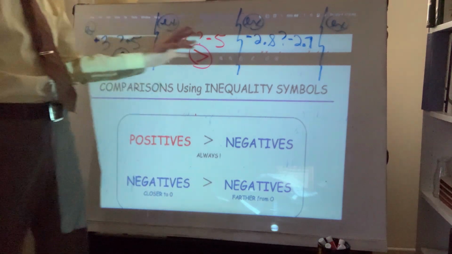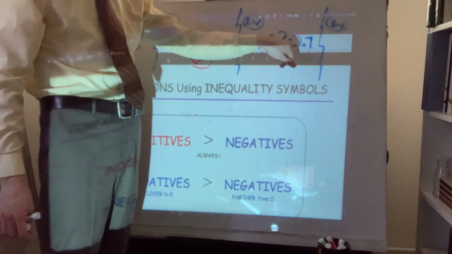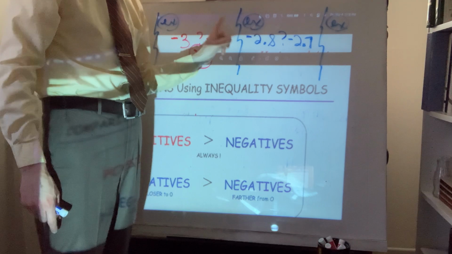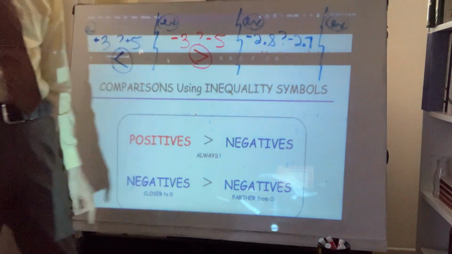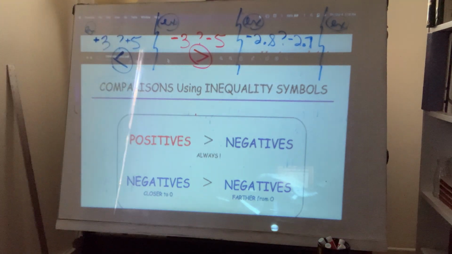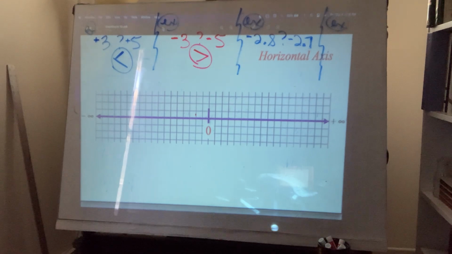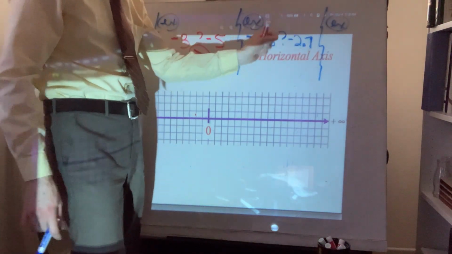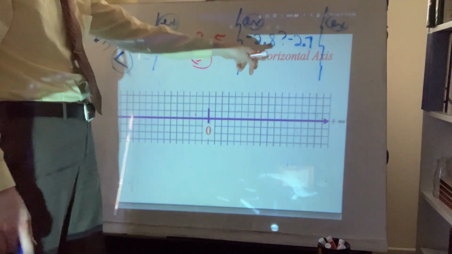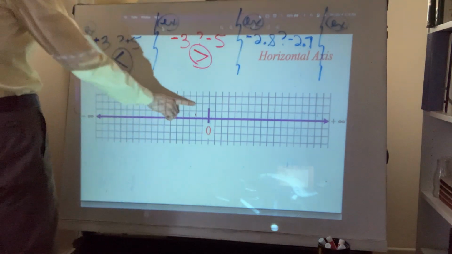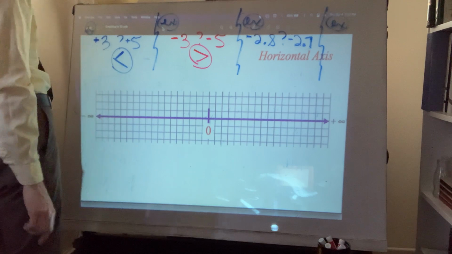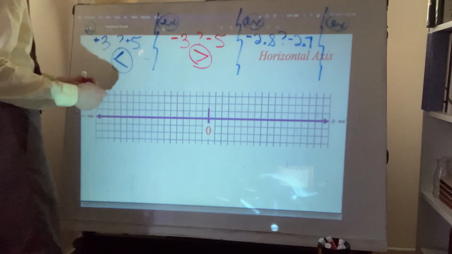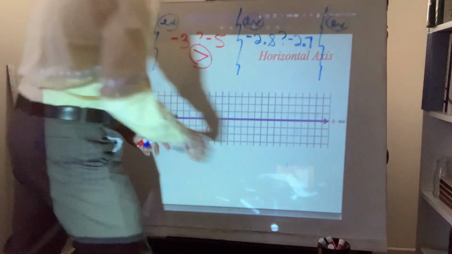Question is, when you're looking at -2.8 and -2.7, which is actually closer to 0? If I drew this on a number line, the 0.8 and the 0.7 would be 7 tenths and 8 tenths. I don't think I could actually fit it on this line here, but let me try to get the point across.